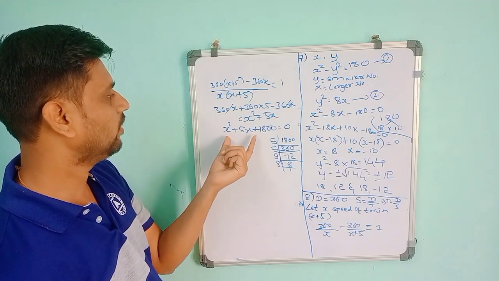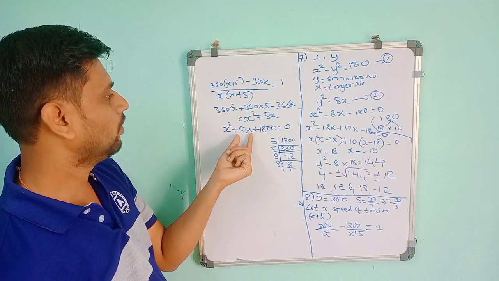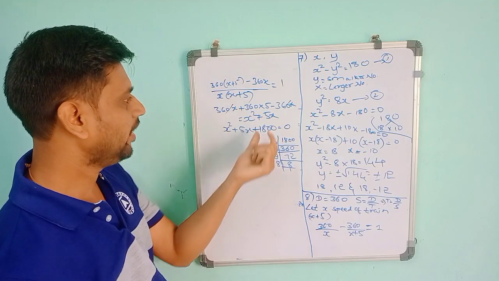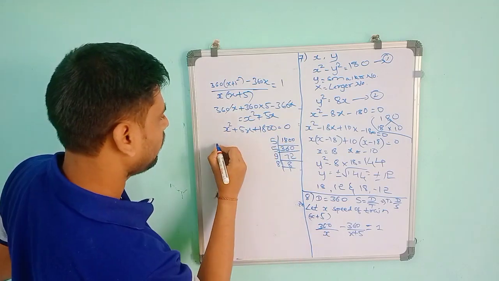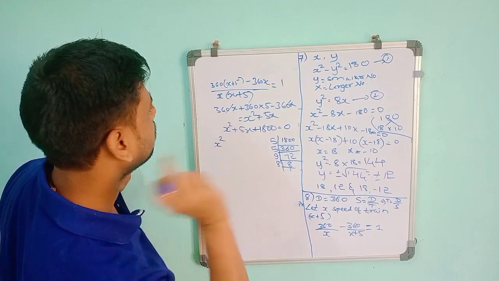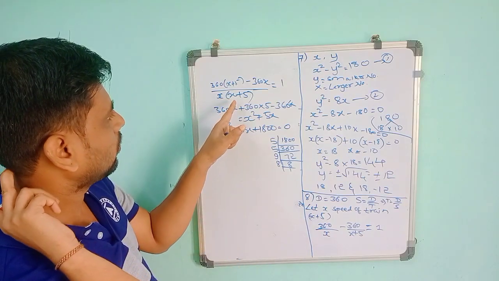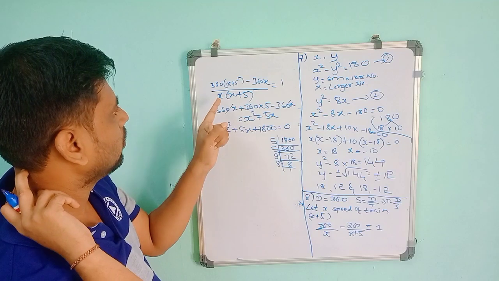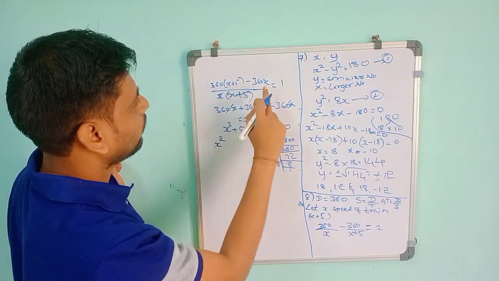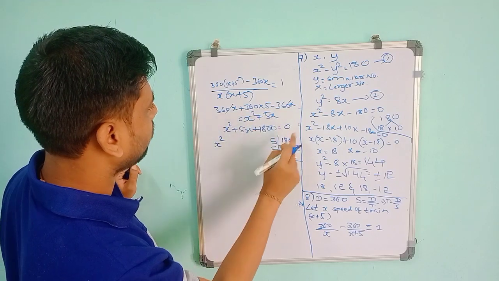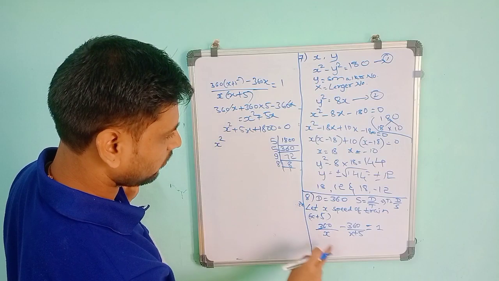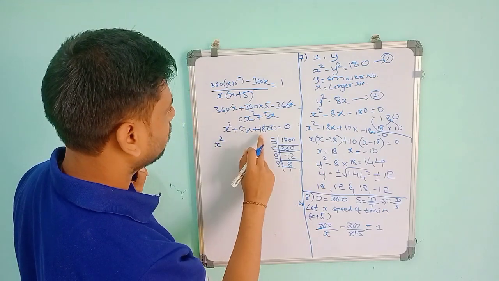So we want the difference to be the plus 5x, and the total value will be 1800. So x square plus 8x plus 5x.